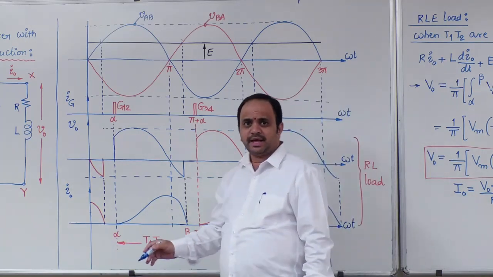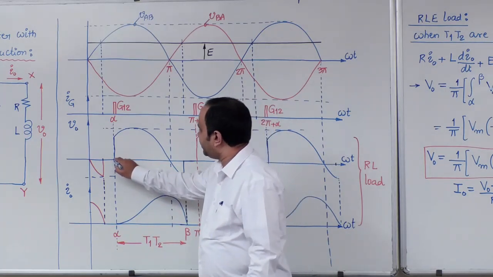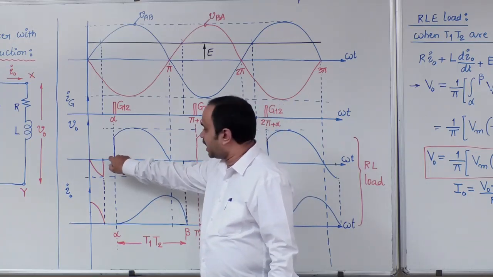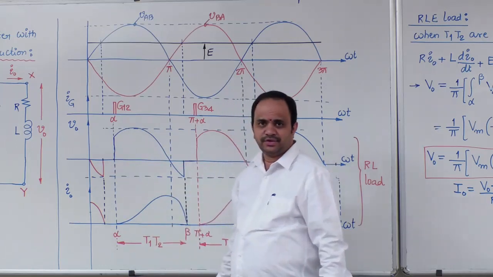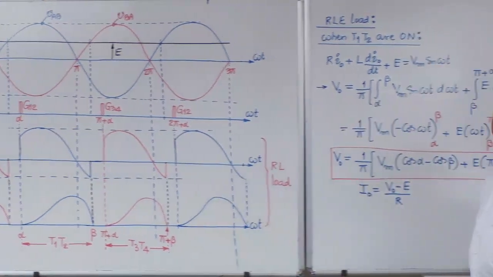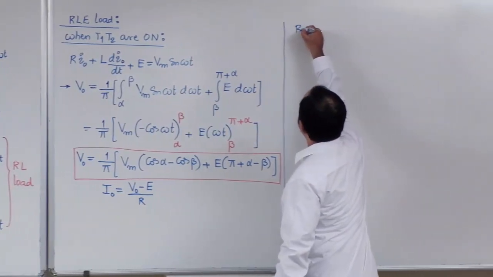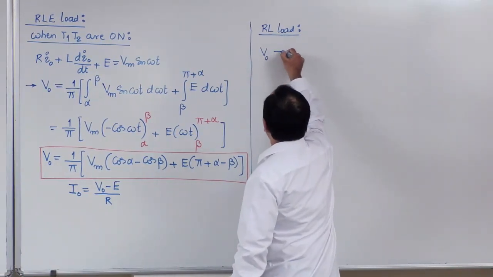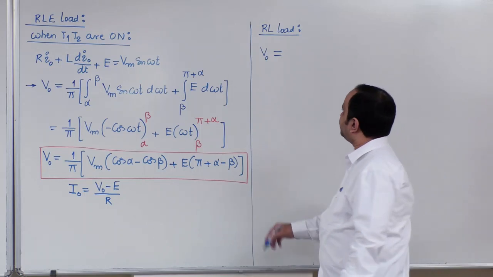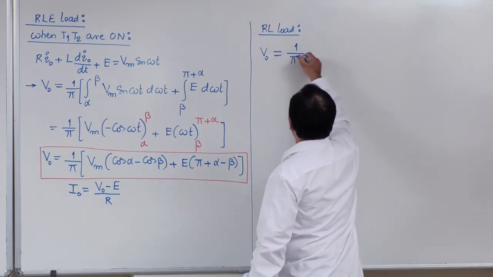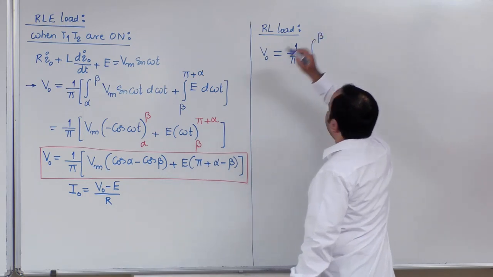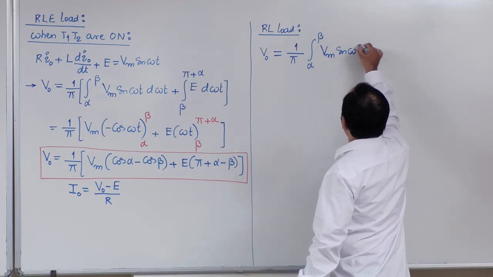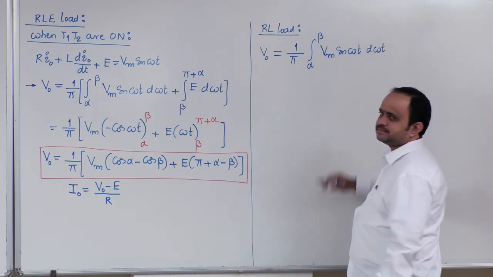Now, in order to find average output voltage, what are the limits for the V0 function? Here alpha to beta, the blue color sinusoidal. Therefore, for RL load, what is the expression for average output voltage? 1 by periodicity, 1 by pi, integration from alpha to beta, Vm sin omega t d omega t.